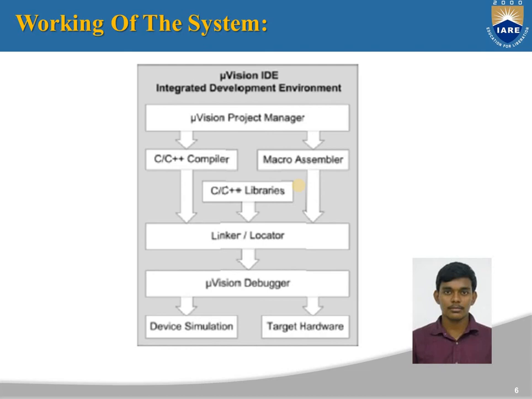Later it compiles the program using C++ libraries, the output is linked and transferred to the locator, and the software automatically debugs the code and downloads the program to the target hardware. So this is the process we are going to have in Keil IDE.